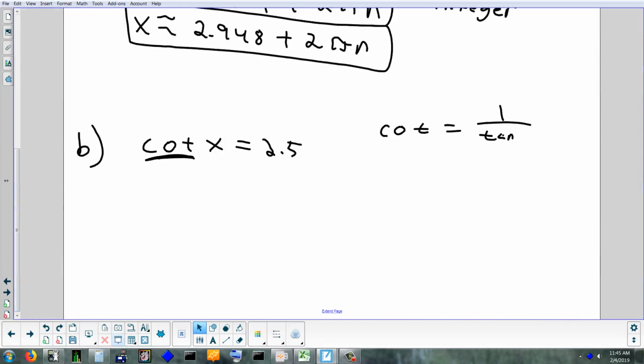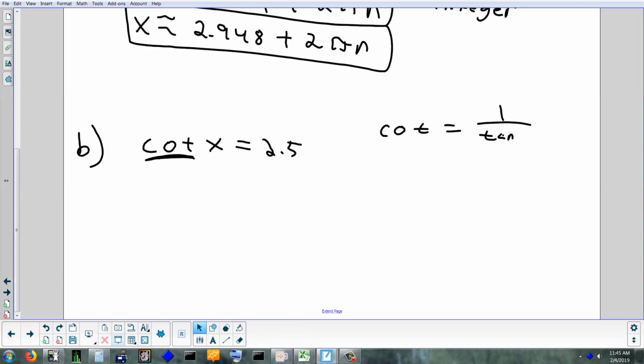Now, why is that any better? Because we can type in 1 over tangent. Right, you can type that in. So what we have to do is rewrite this so we can type it in.